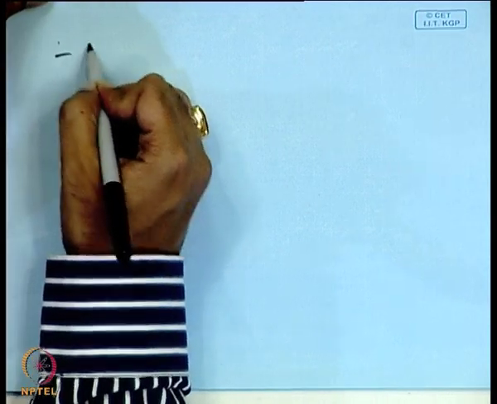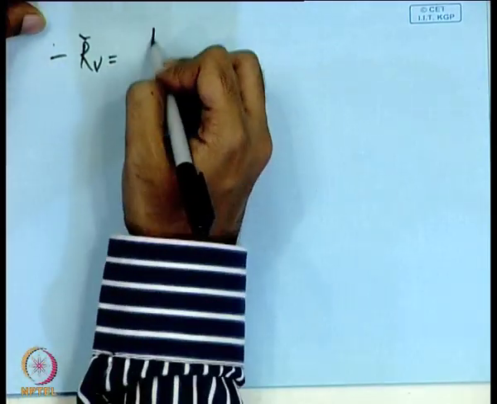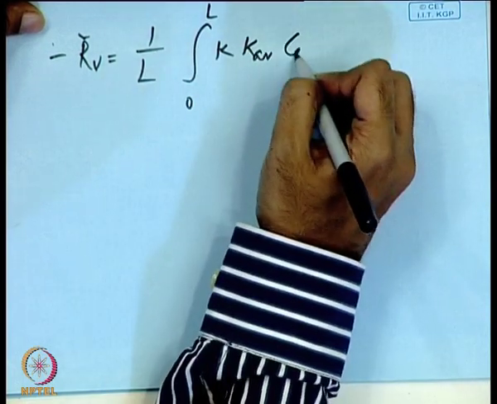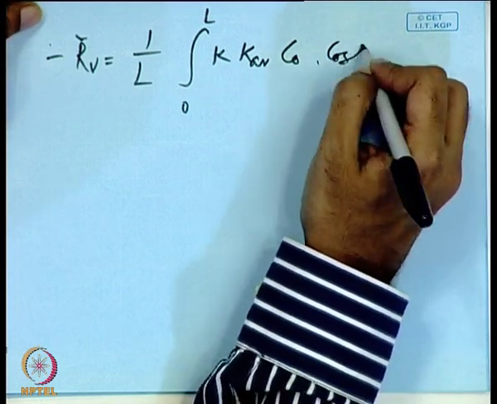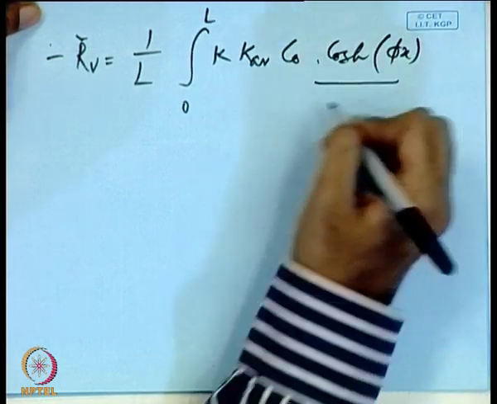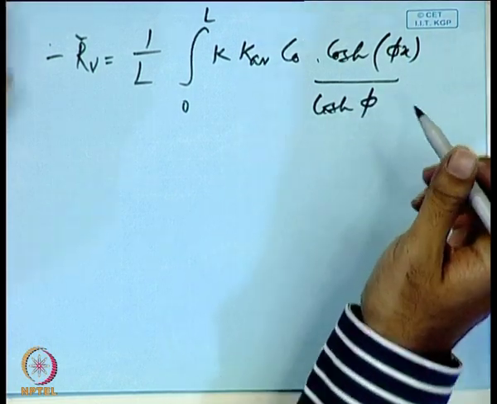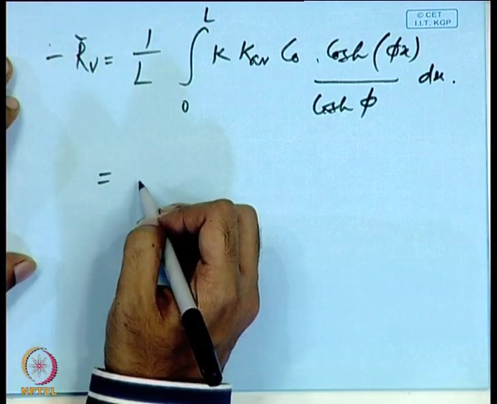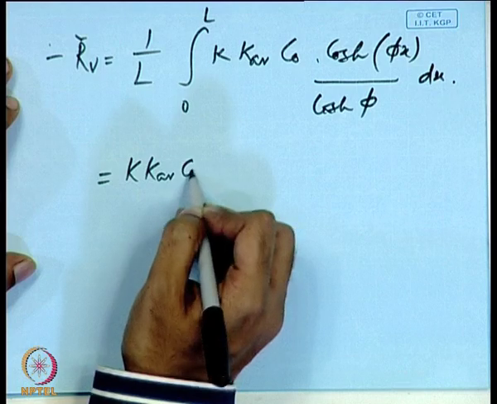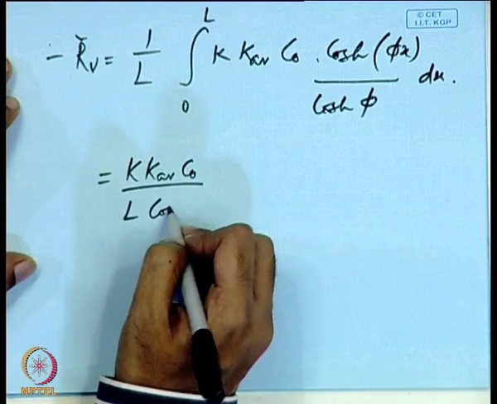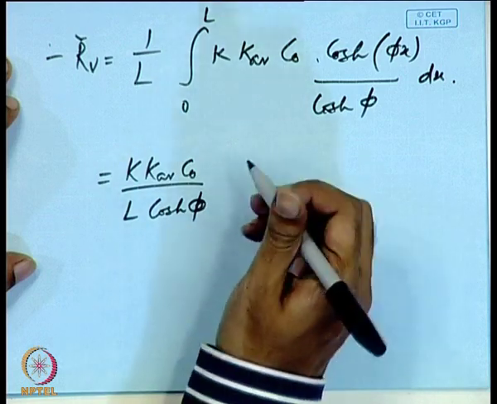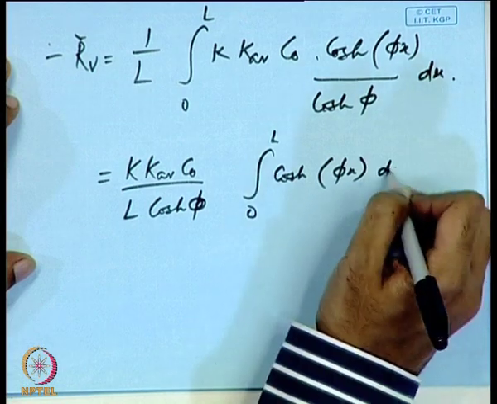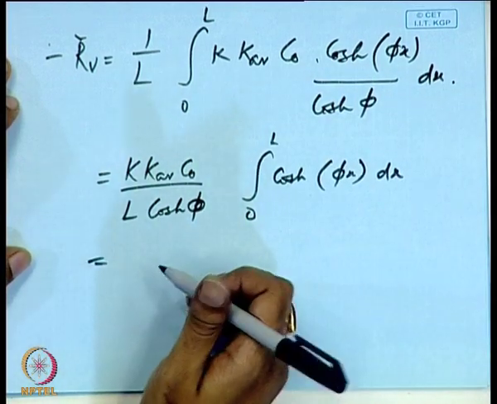So, minus RV average equals 1 over L, 0 to L, K kV C naught, theta was cos hyperbolic phi x divided by cos hyperbolic phi, over dx. Now, this goes as K kV C naught.